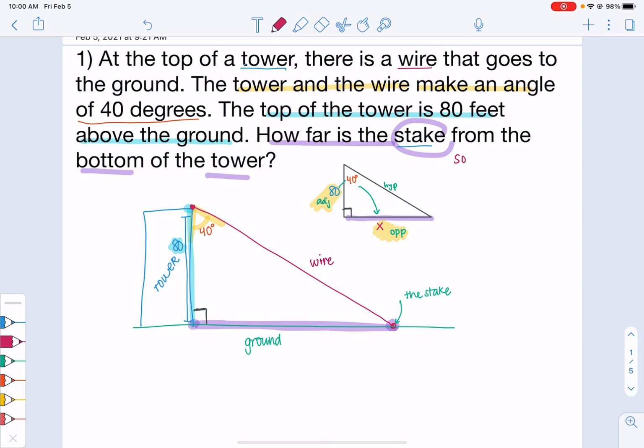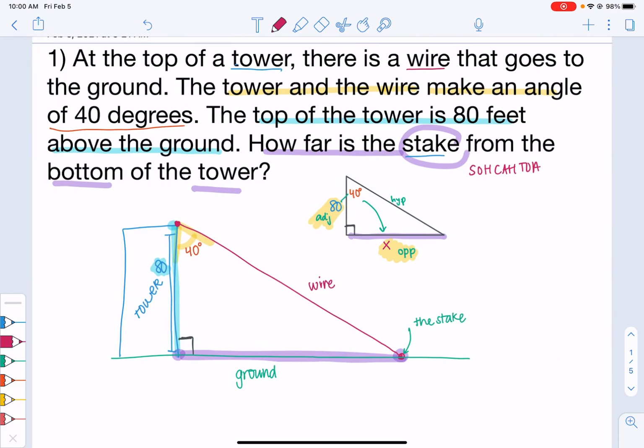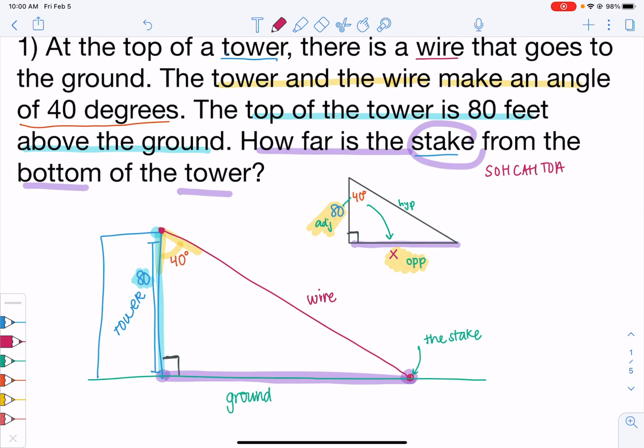Let's use SOHCAHTOA, and let's figure out which one we should use. Adjacent and opposite, tangent. Tangent of 40 degrees, our angle, equals opposite divided by adjacent.